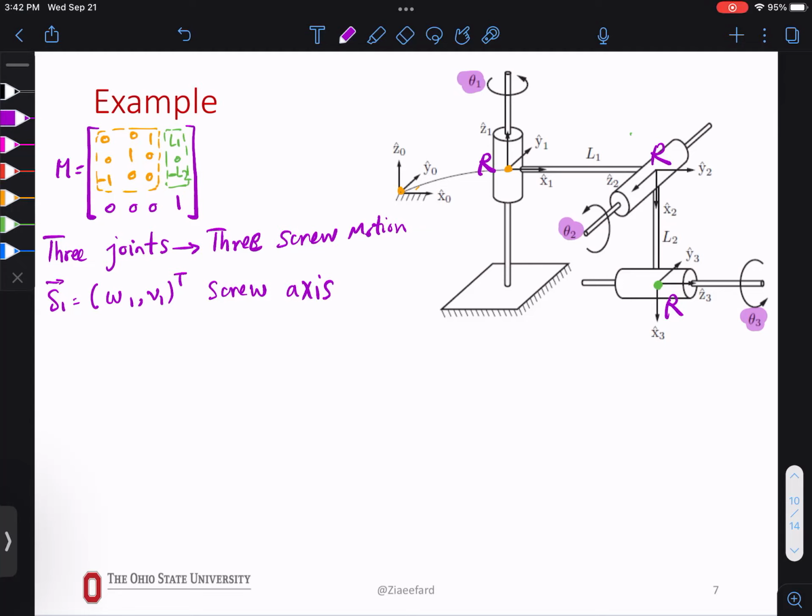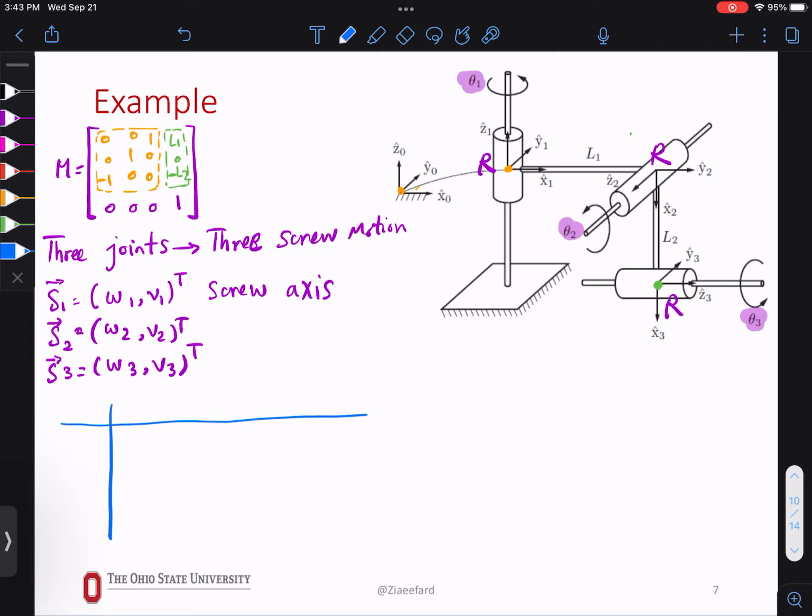Now for S1, let's say I need S2 and S3 also. So these are the 3 screw axes I need: omega 2, V2 and omega 3, V3. A useful tool here would be to create a table with joint i, omega i, q i, and v i. I'll explain what q i is.